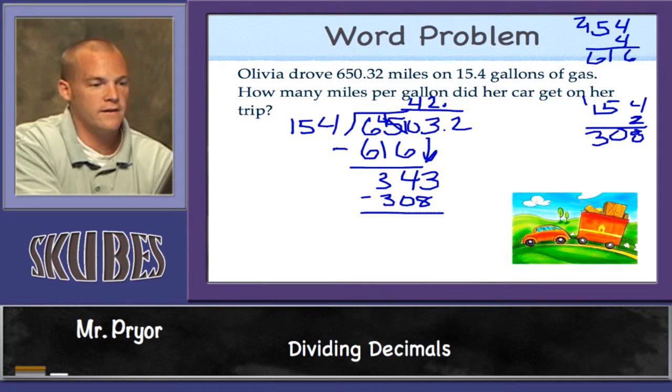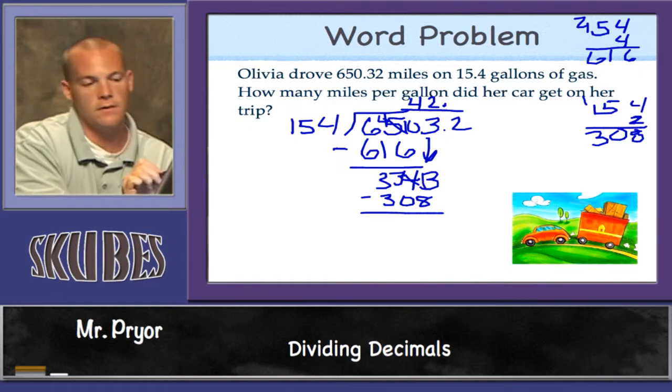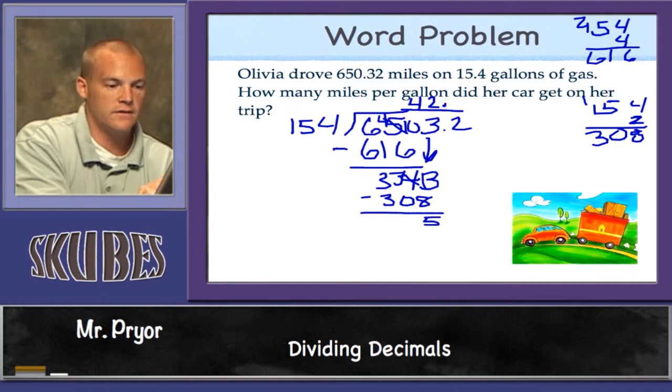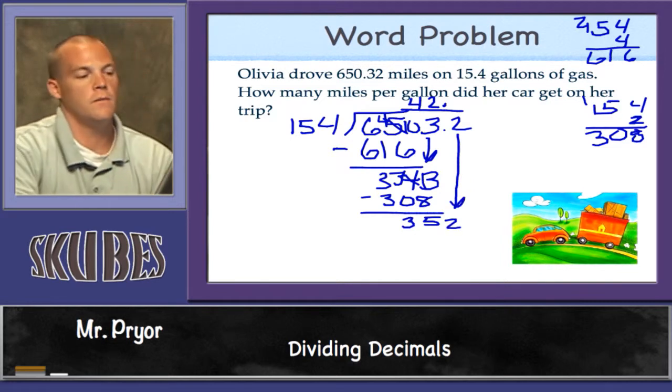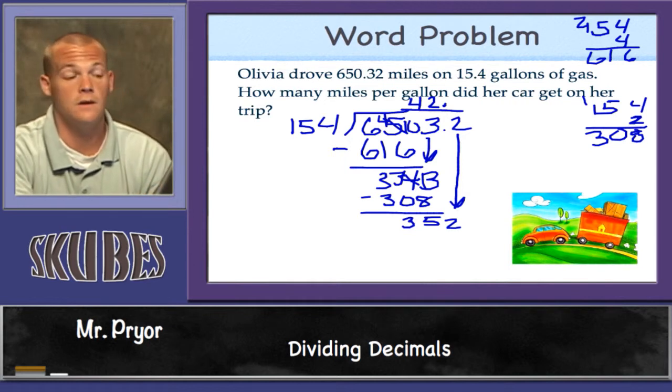All right, so we're ready to subtract now. We're going to have to start by borrowing, which would make the 4 a 3 and the 3 a 13. 13 minus 8 is 5. 3 minus 0 is 3. And we now go ahead and bring down our final value here of 2. And we see how many times 154 can go into 352. Well, the good news is we already know.